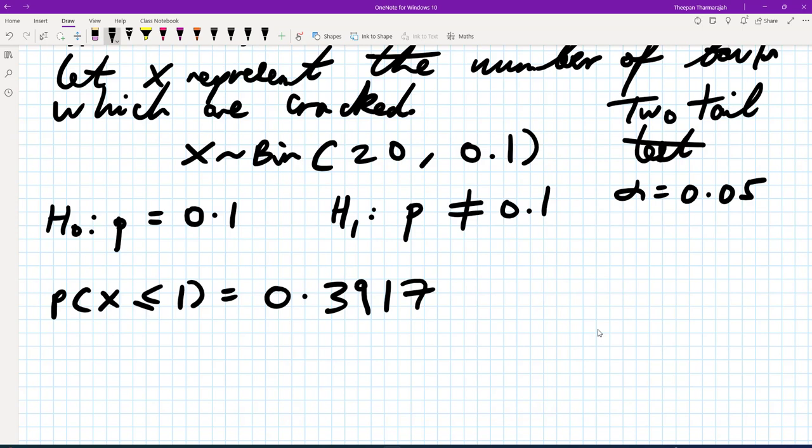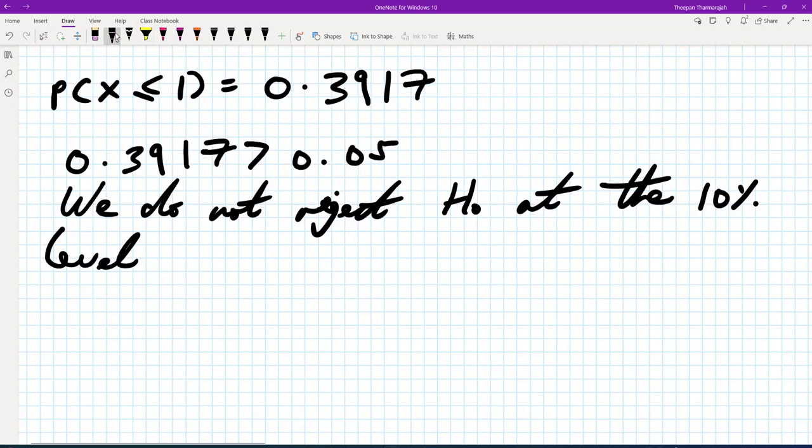And remember that if the p-value is less than the significance level, we would reject the null hypothesis. So now we say since 0.3917 is greater than 0.05, we conclude that we do not reject H0 at the 10% level of significance.